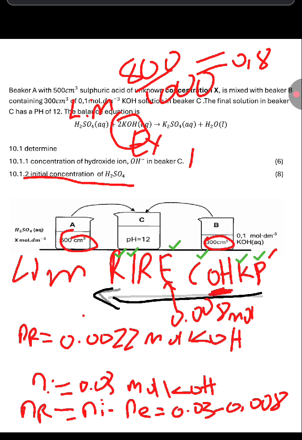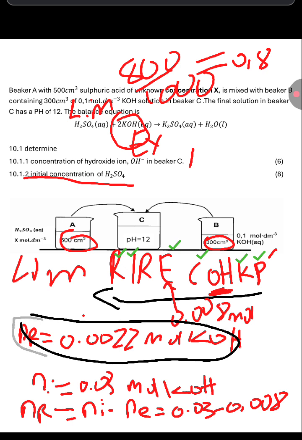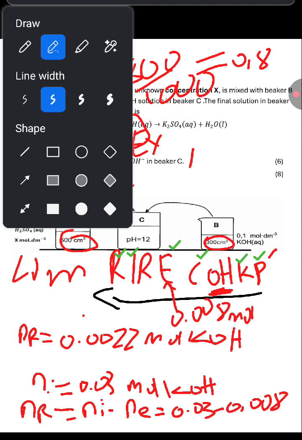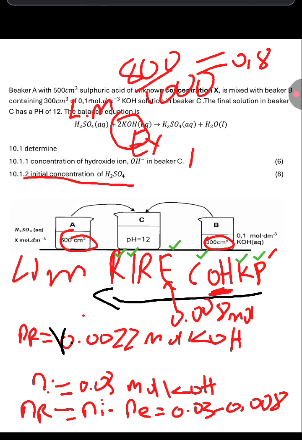Since I got 3 number of moles, out of these 3 number of moles of KOH, I can only use the reacted number of moles to get information about sulfuric acid. It's only the reacted number of moles that you can use to get information about another substance.